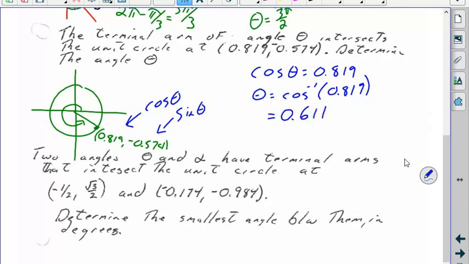0.611. Okay, now that's not quite our answer because what our calculator gave us was our reference angle. I want my actual angle. So the angle theta would be equal to 2 pi minus 0.611, 5.6 something or other.